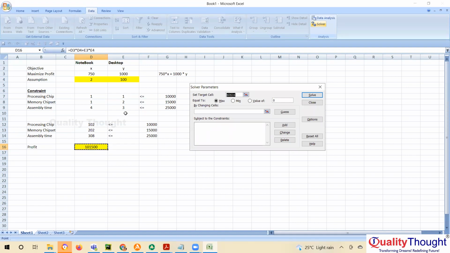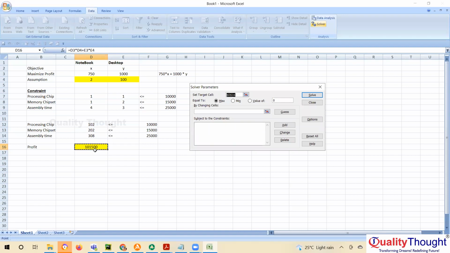Everybody till here? Have you reached here, Pujita? Sir, I'm just preparing the data in the sheet. Can you just repeat the last few minutes, sir? Have you calculated this profit? Not yet, sir, I'm just entering the data. I can find data tools, outline and all, but the analysis part is not visible on my sheet, sir.